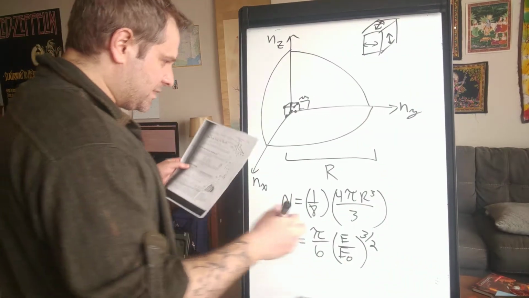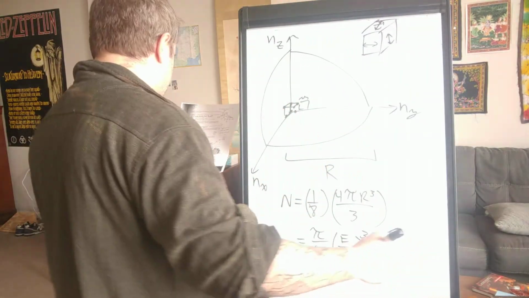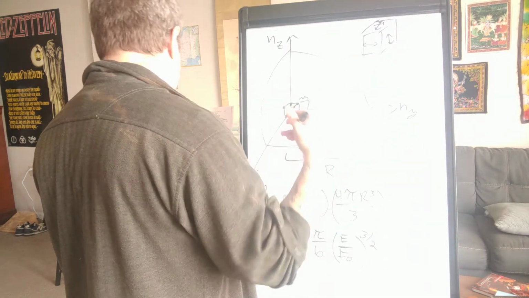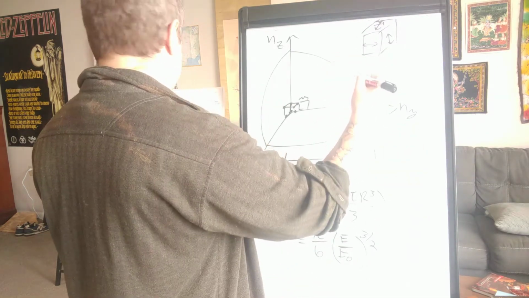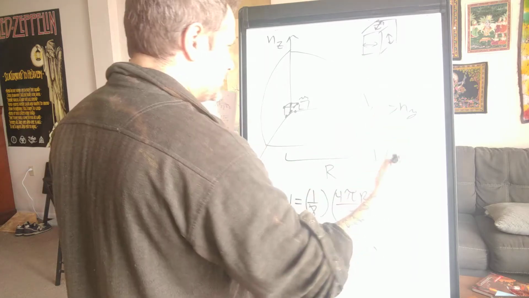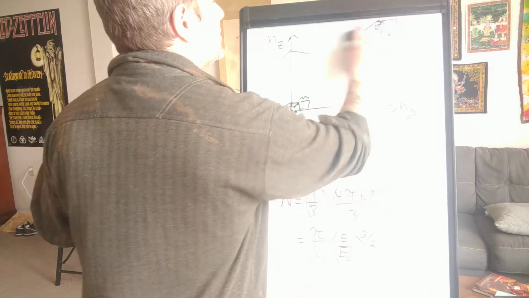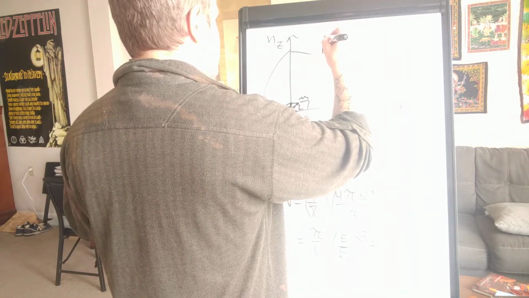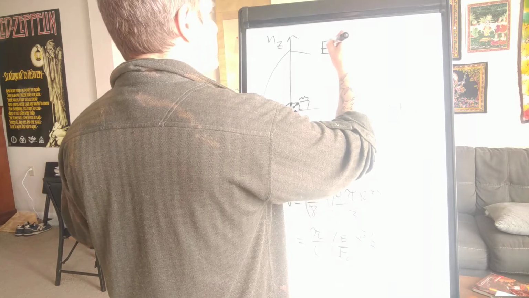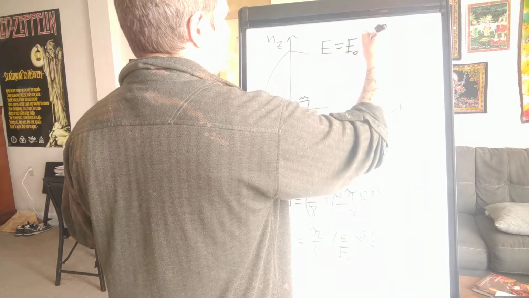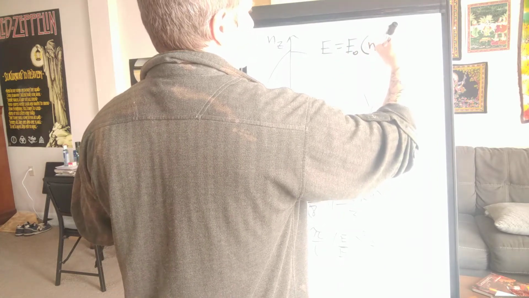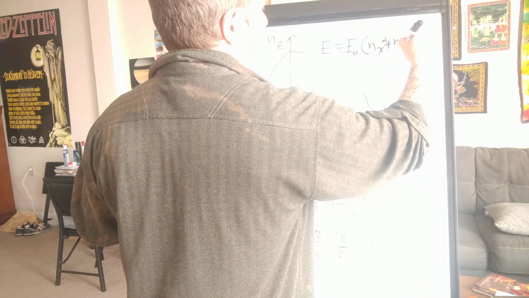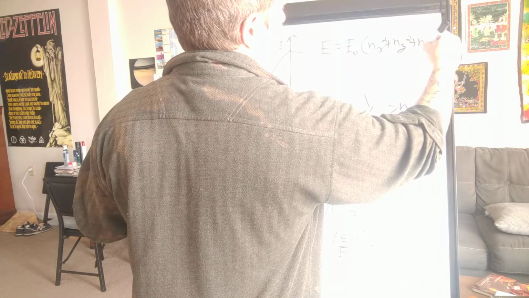Okay, so where that comes from is if you look on the previous page in the book, we have equation 8.38. I'm just gonna clear up some space up here. And this equation says E equals E naught times nx squared plus ny squared plus nz squared.